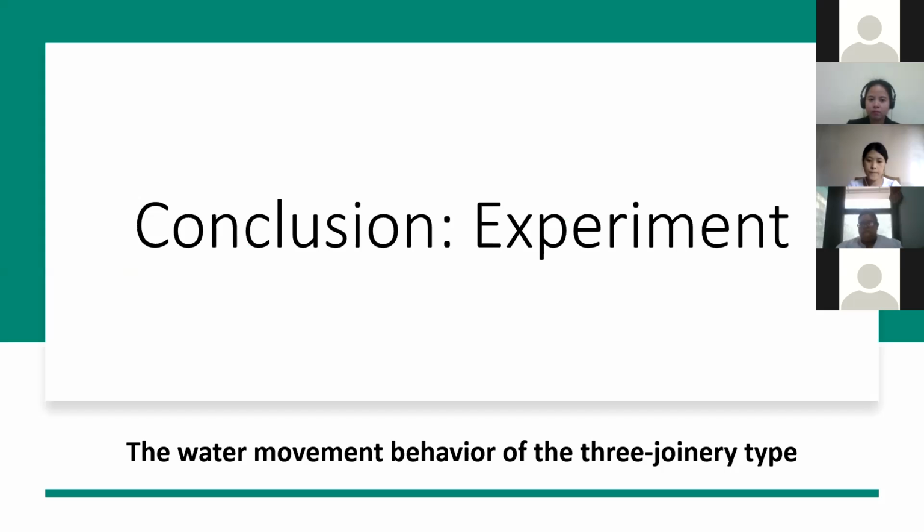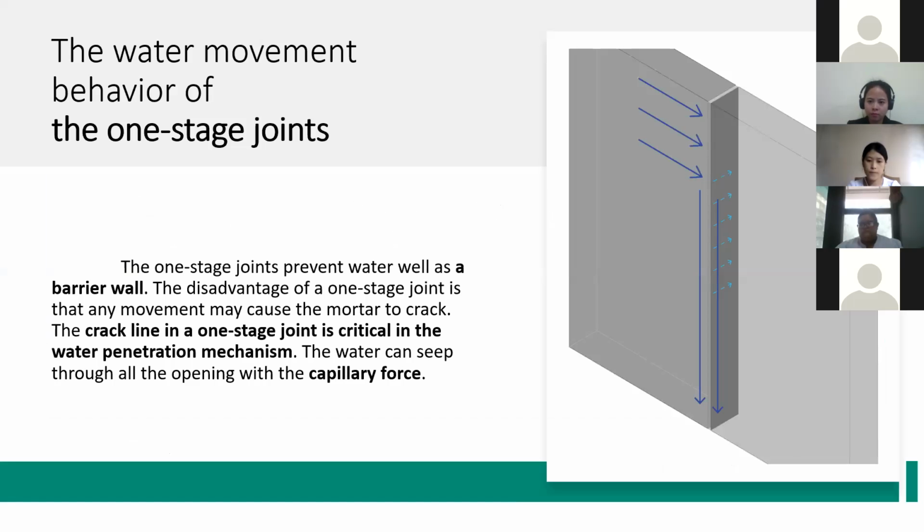So for the conclusion on water movement behavior, the one-stage joint prevents the water like a barrier wall, as one solid wall. But the disadvantage of this type of joint is that if there are cracks or anything in the joinery, the water may go in with the capillary force.